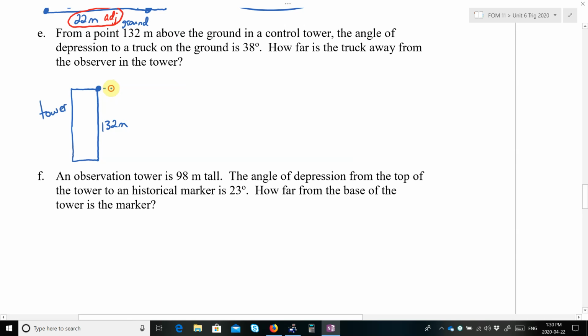So remember, the angle of depression, guys, is the angle that goes down from that horizontal dotted line. So the angle of depression down to the truck is actually this angle right here. That is 38 degrees.